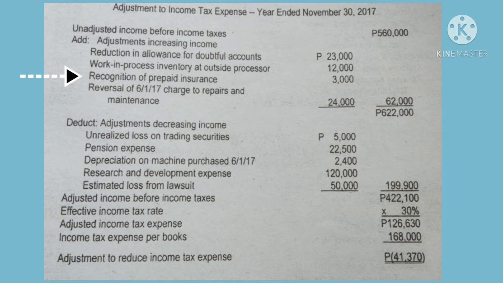Recognition of prepaid insurance, 3,000 pesos, is from the fourth correcting entry. And reversal of June 1, 2017 charge to repairs and maintenance, 24,000 pesos, is from the sixth correcting entry. Adding all four results to 62,000 pesos, which is added to the unadjusted income before income taxes of 560,000 pesos. So 560,000 pesos plus 62,000 pesos is equal to 622,000 pesos.